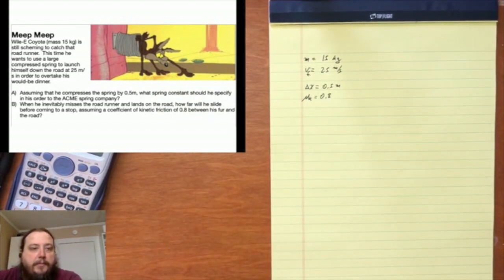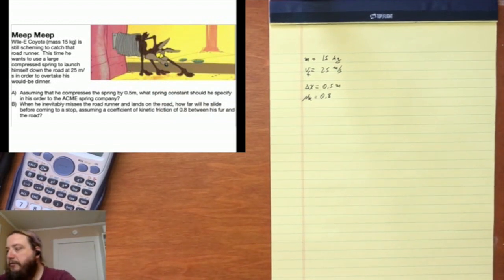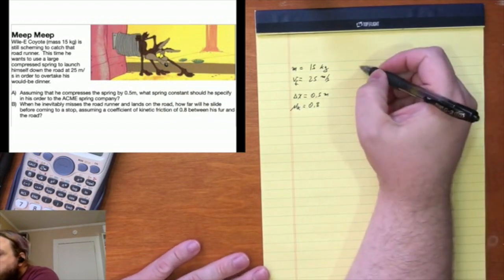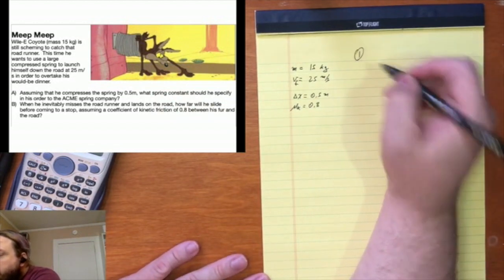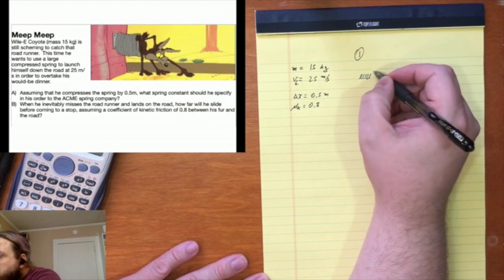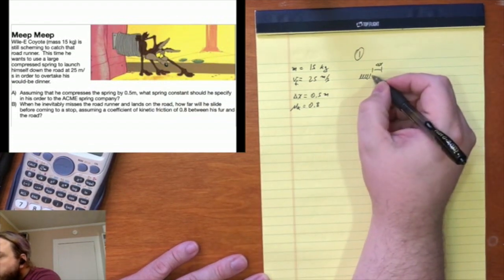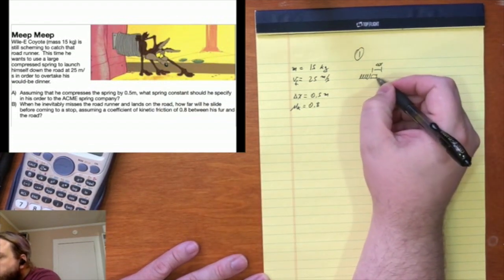All right, so let's take the problem a piece at a time. In the first part of the problem, he's trying to use a spring to propel himself down the road. So we have two interesting moments in time. The first one, we have a spring compressed by some distance delta x, where we have our Coyote.